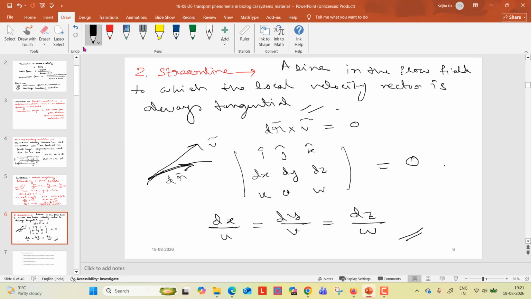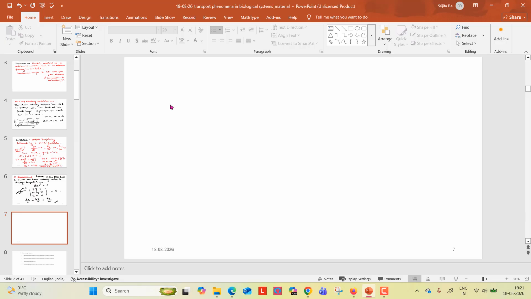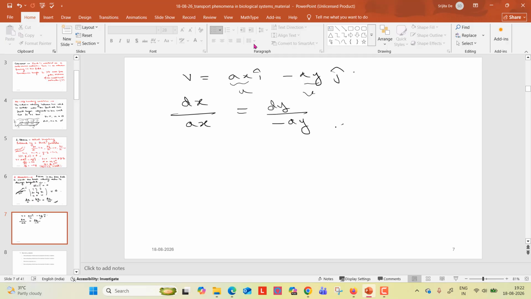Now if you take the same example like the previous one, where velocity is ax i cap minus ay j cap. So here, dx by ax is u, and it is v, right? So dx by ax equals dy by minus ay, right?